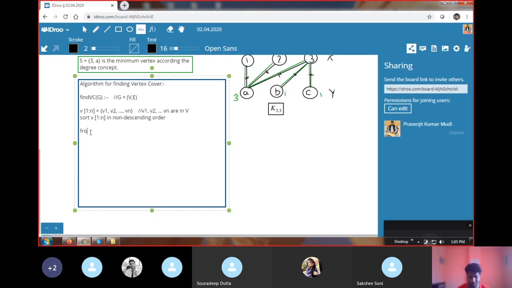Then for i equal to 1 to n, let's say S equals phi, which denotes null.